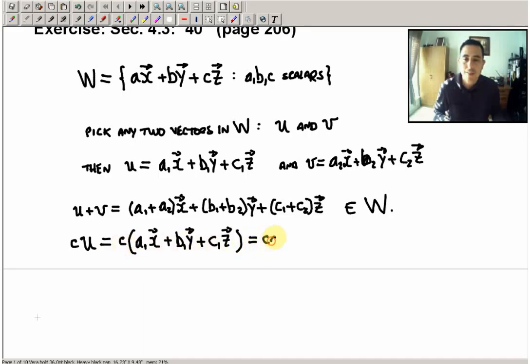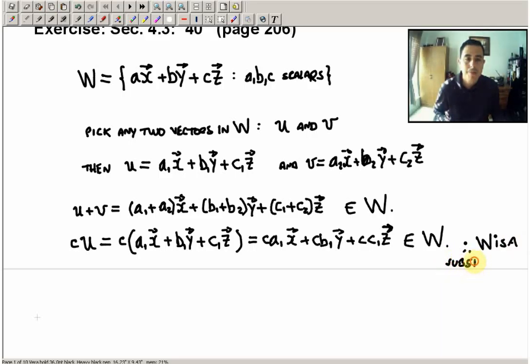That I get CA1 X, CB1 Y, plus CC1 Z. And look at this. It's, again, a linear combination of those three vectors. So this is in W. Conclusion: W is a subspace of V. That's the end of it.